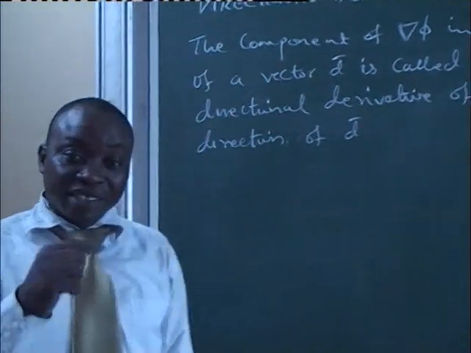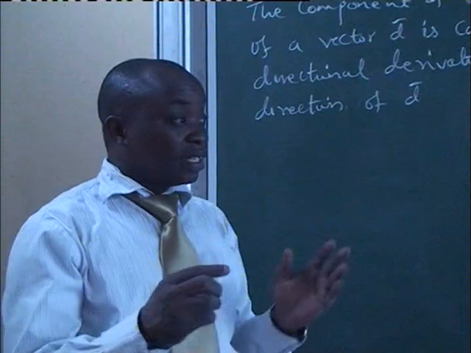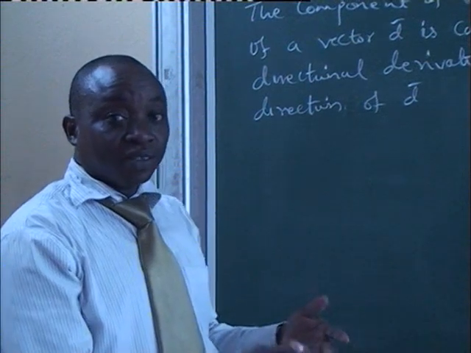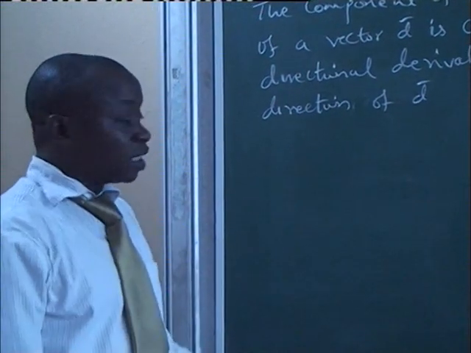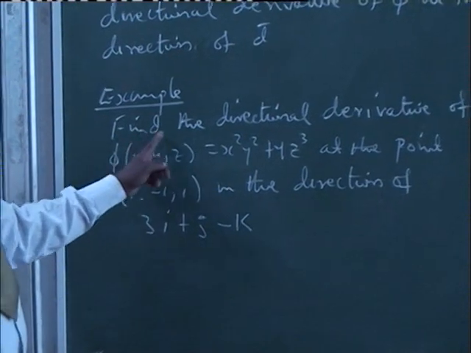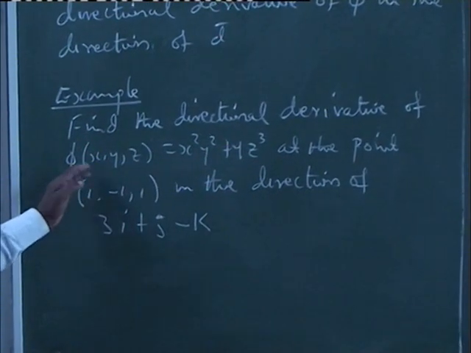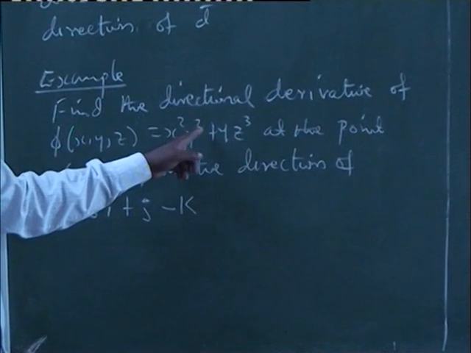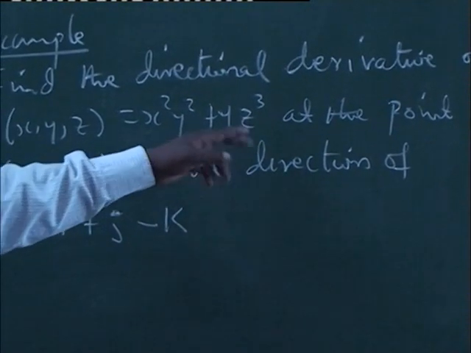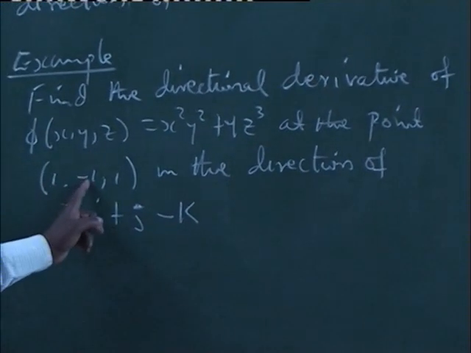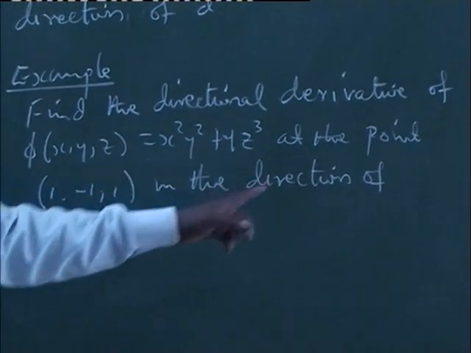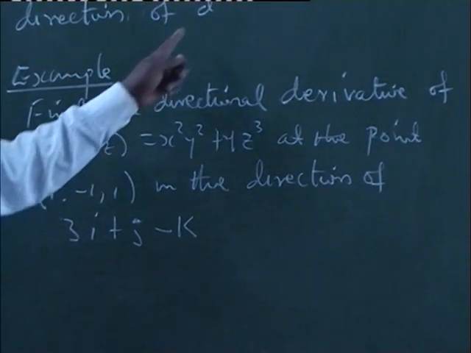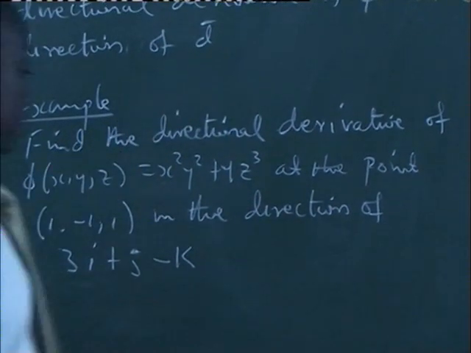Now, to understand it properly, we'll pick an example, and then when we find the phi, we see how we use another vector d to multiply the phi, so that we now get the directional derivative. Let's pick. So now we are going to find the directional derivative of phi of xyz equals x squared y squared plus yz cubed at the point x equals 1, y equals minus 1, and z equals 1, in the direction of this vector, the vector d that I'm making reference to here.